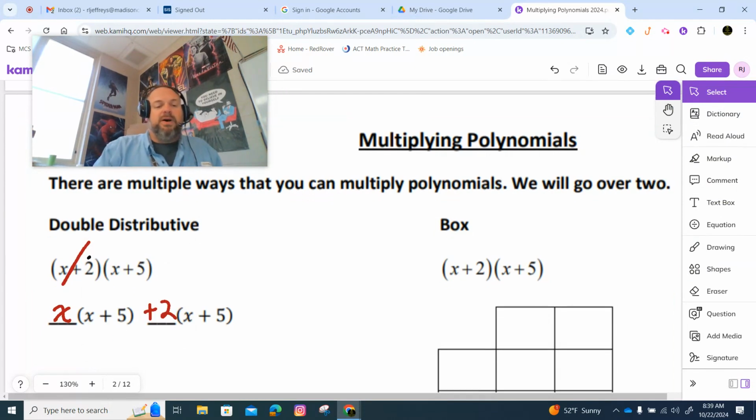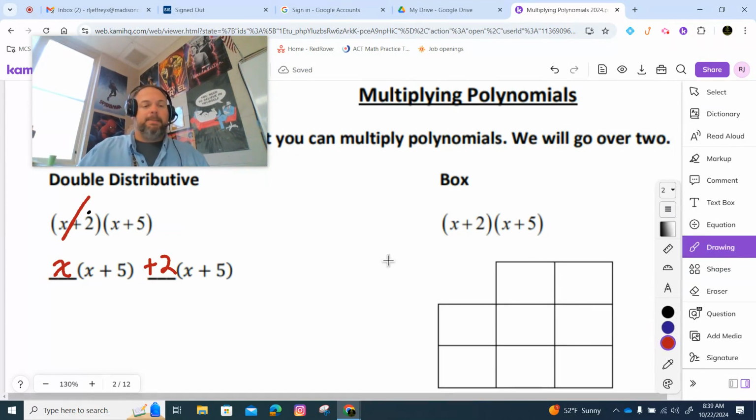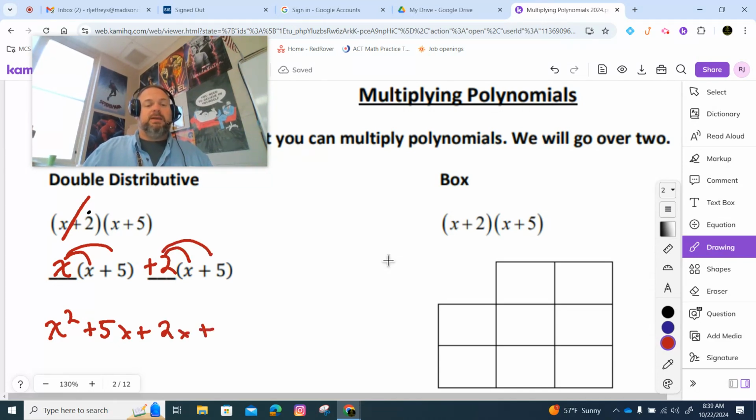But we get that sign and we put it in there too. Now we're actually going to multiply. Well, x times x is x squared plus 5x plus 2x plus 10. Okay?